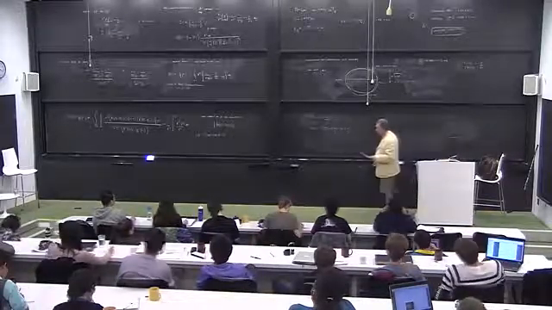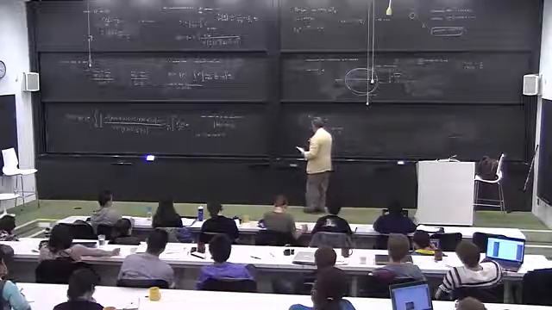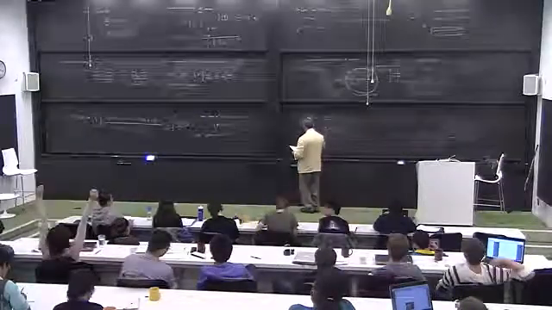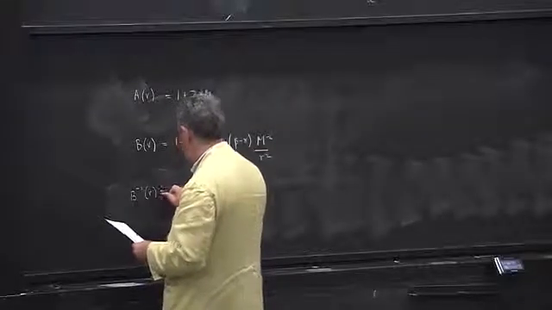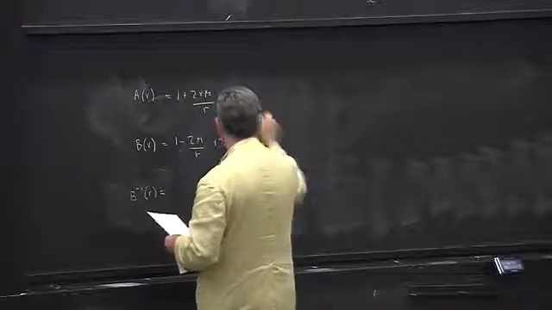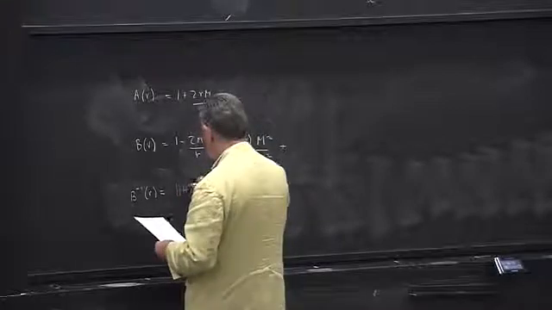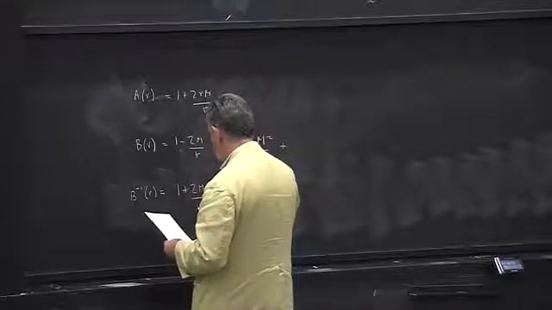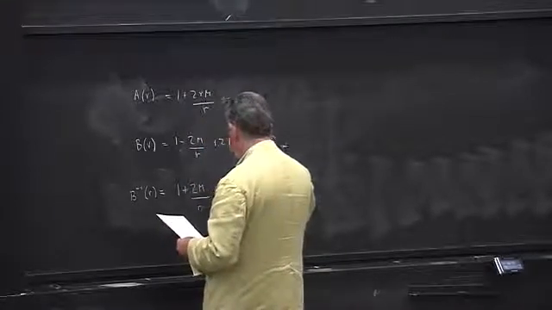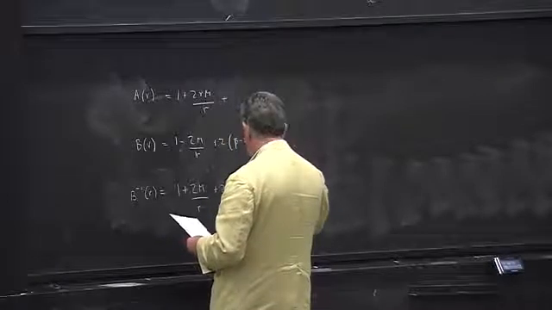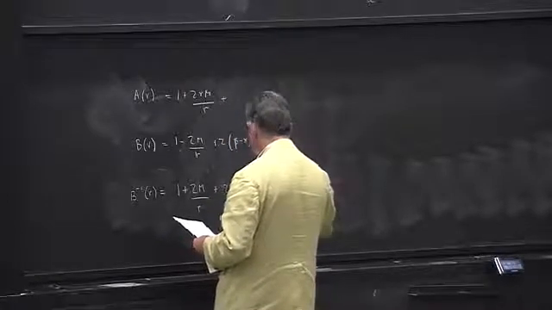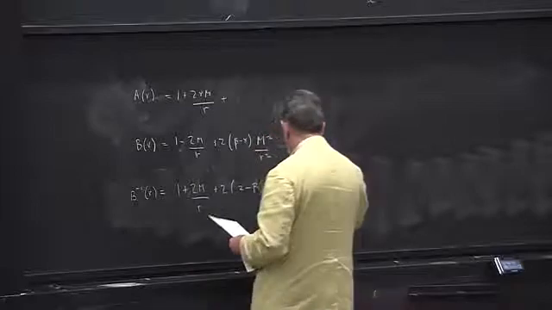So b to the minus 1 is 1 plus 2m over R plus twice 2 minus beta plus gamma m squared over R squared.